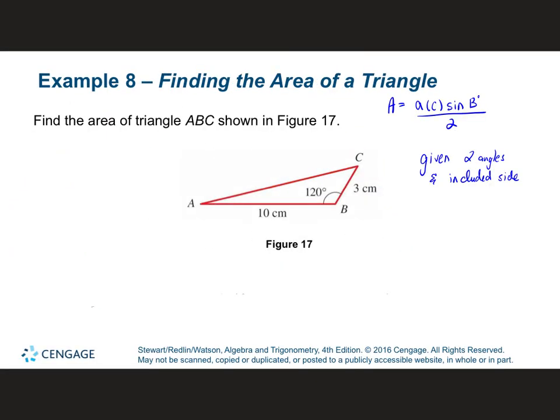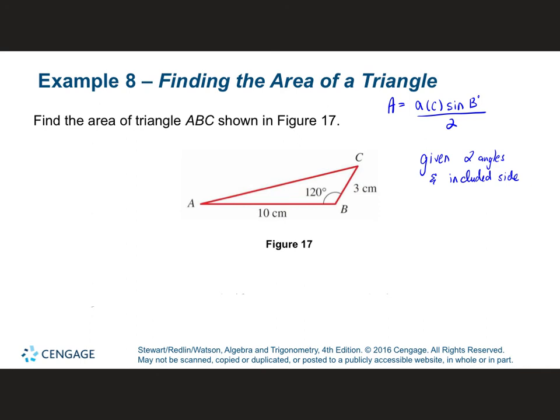The last part of our notes goes over finding the area of a triangle where you have an angle between two side lengths. These two side lengths have to be surrounding that angle. If they don't, you cannot use this formula. So your area for these types of triangles, you're going to use your A times your C times the sine of B divided by 2.